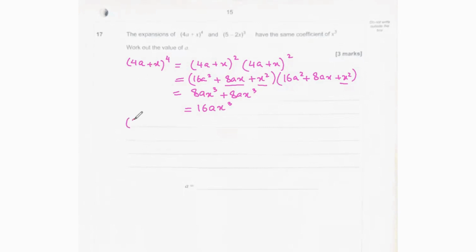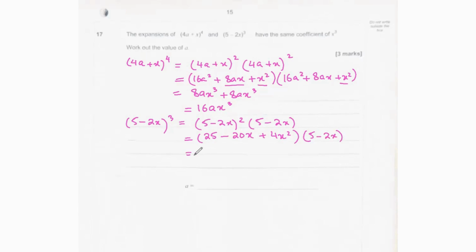Then for (5 minus 2x) whole cubed, that's (5 minus 2x) squared times (5 minus 2x). That's 25 minus 20x plus 4x squared, times 5 minus 2x. Now, x cubed will be 4x squared times negative 2x, which is negative 8x cubed.